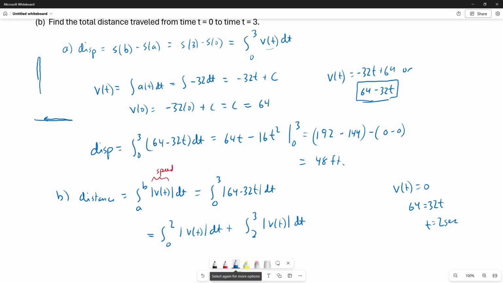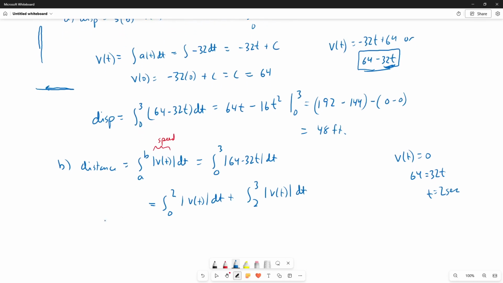If t is between 0 and 2, then 32t will be less than 64, and so the difference will be positive. So the absolute value of the velocity will just be the velocity itself. And if t is bigger than 2, then 32t becomes bigger than 64, which makes this difference negative.